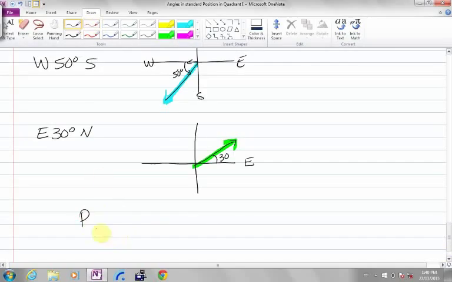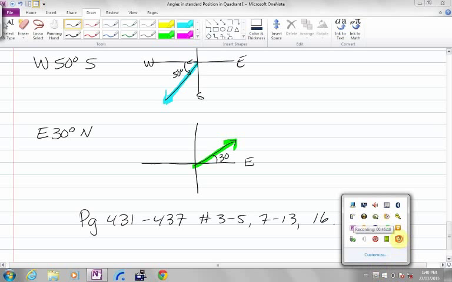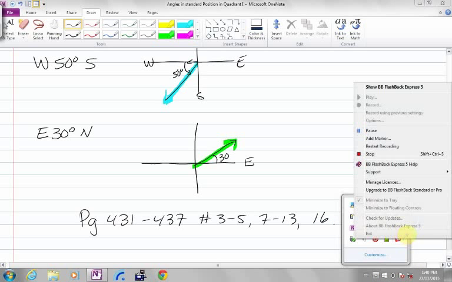So I'd like you to do page 431 to 437, numbers 3 to 5, 7 to 13, and 16. And we'll take those up on Monday, and then as I said, we will continue the same kind of work into the coordinate plane. Other coordinates, or other quadrants.